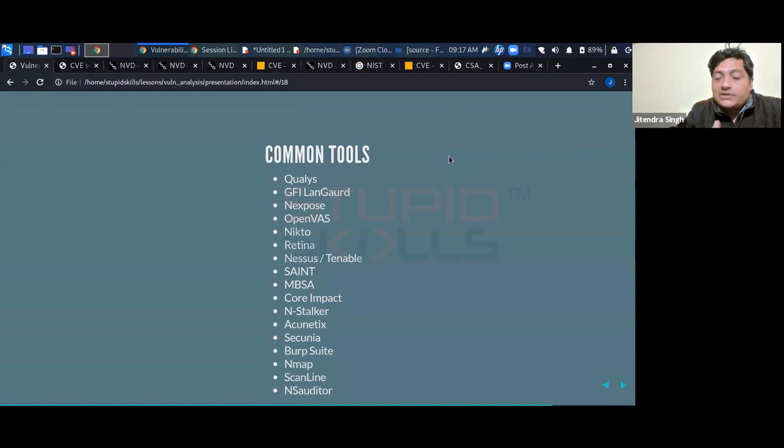You can also do some password spraying, and it has a lot of features that help you in simulating a real-time attack. Then obviously Nmap, we have covered so many commands from Nmap. The GUI version we have discussed, Zenmap, is there, then Scanline and NS Auditor are also there.